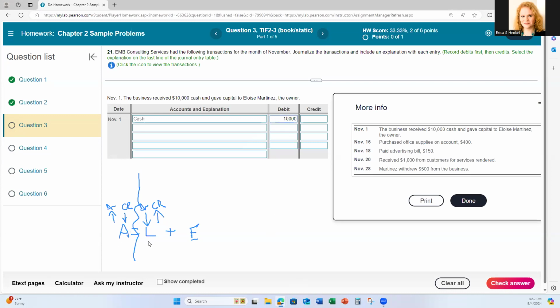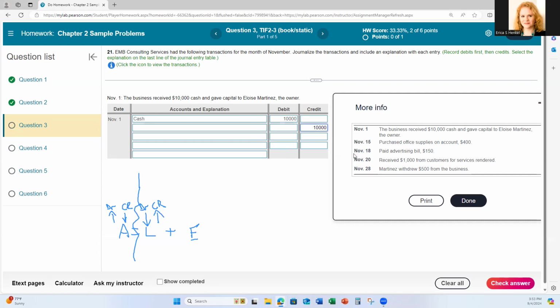Now, just like how our accounting equation has to balance, the assets have to equal the liabilities plus equity. All of our transactions that we record also have to balance. So our debits always need to equal our credits on every journal entry. So if we're debiting cash, then that means that we need to credit something else so that our debits equal our credits.